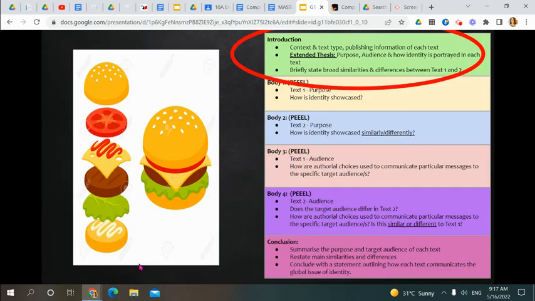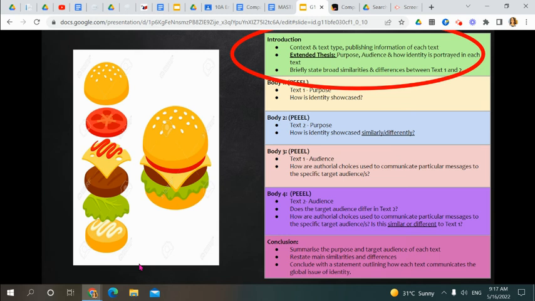So, an introduction, what do we need? These are the 3 main success criteria that you need to address, and I'm going to break this down into more bite-sized pieces in a second. When we look at an intro, we need context, the text type, and publishing information of each text. Don't just write about the one text, you need to introduce both texts.